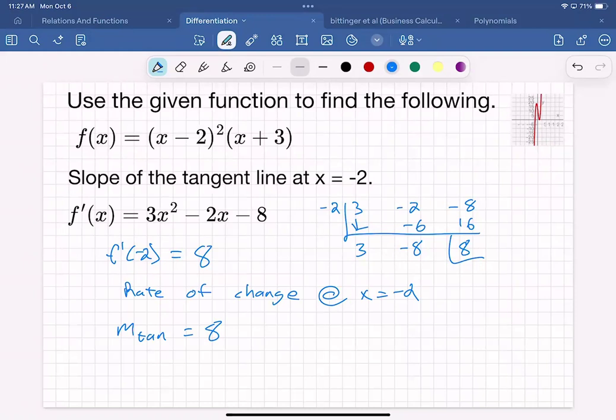I just asked for the slope here, but let's make sure we're comfortable with that too. In order to find the equation, we have the slope. What else do we need?